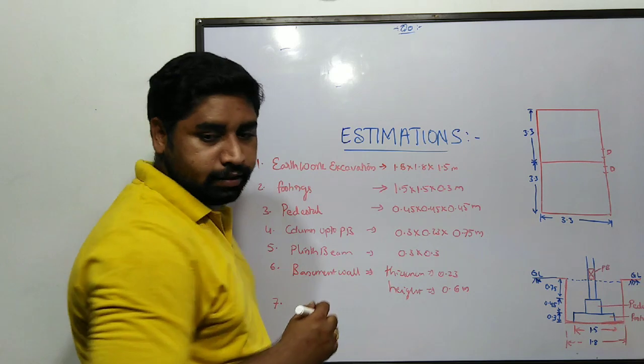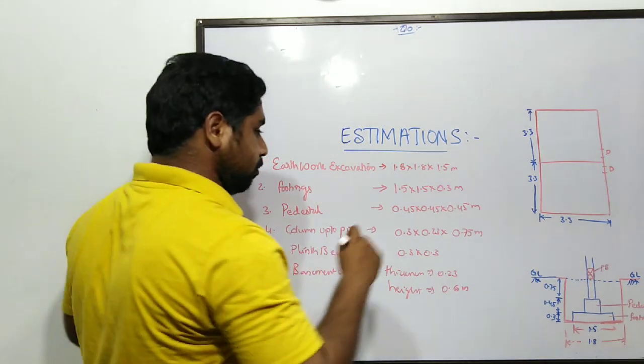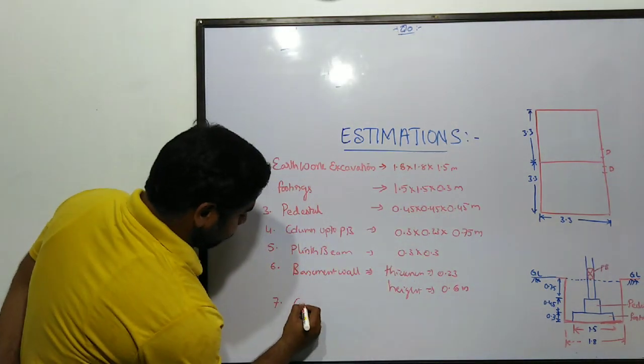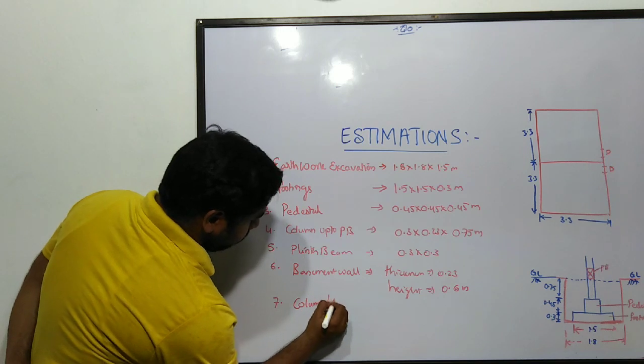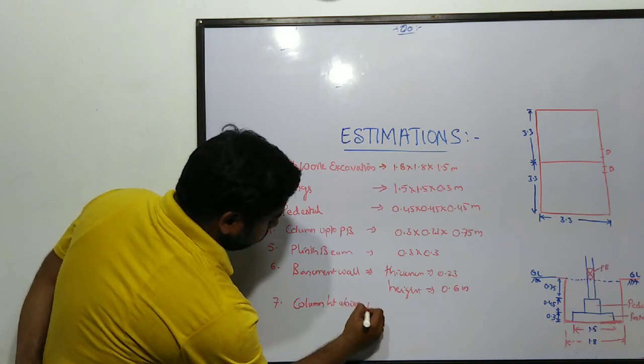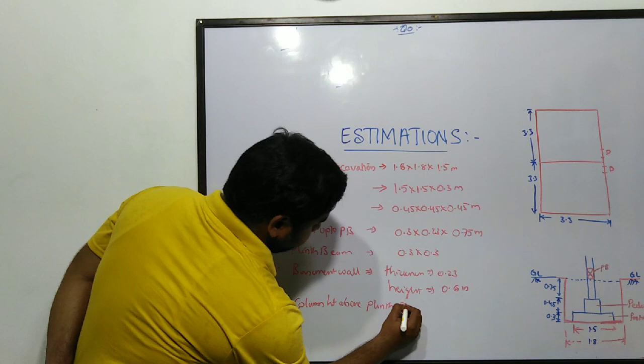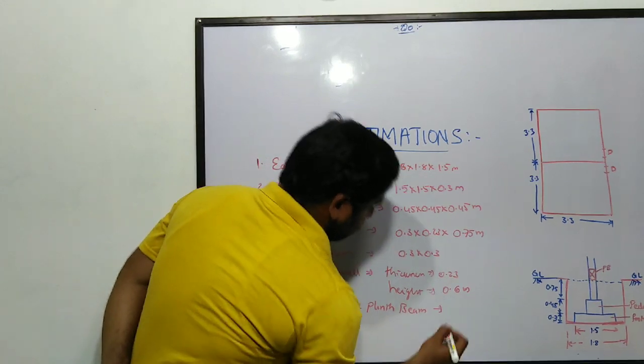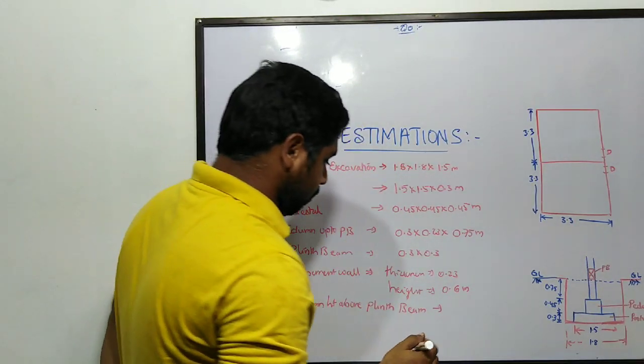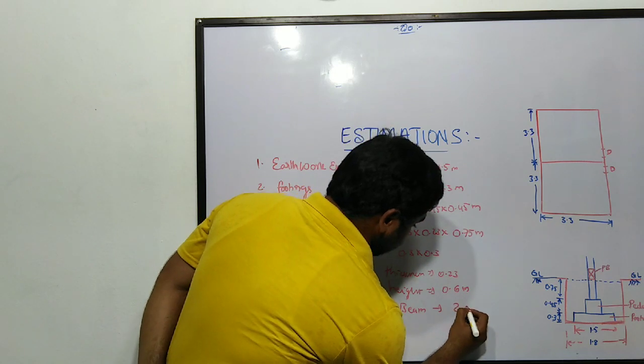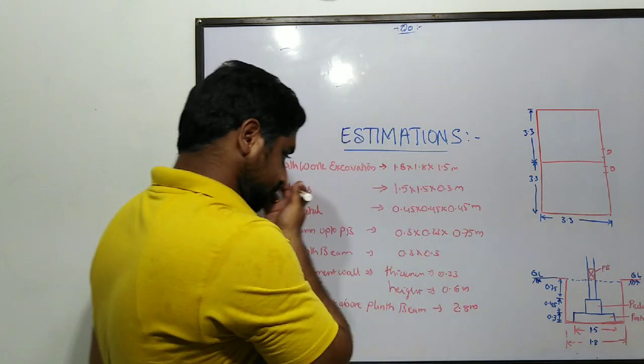Next, the seventh one, column height above the plinth beam. Above the plinth beam, what is the height of the column? That is 2.8 meters.